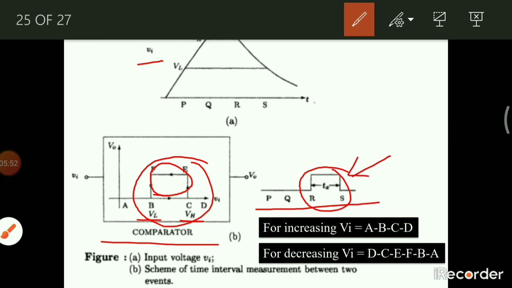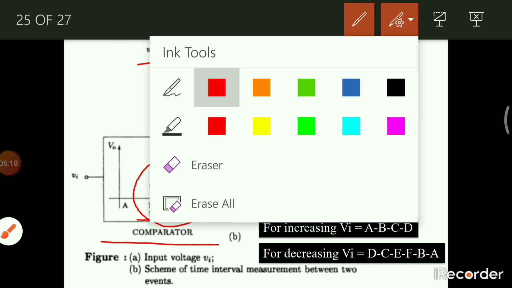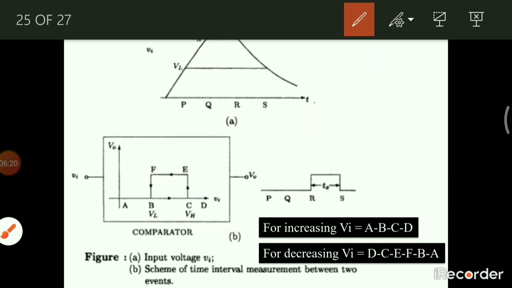So here we'll get the time difference or time interval between VH and VL, as we discussed in the earlier slide. So by using a comparator, we could find out the time interval. In the next slide, we will discuss how to find out those voltage levels and the time interval.